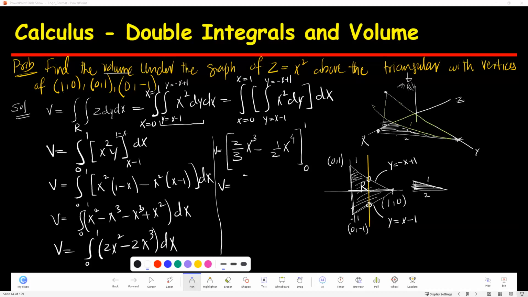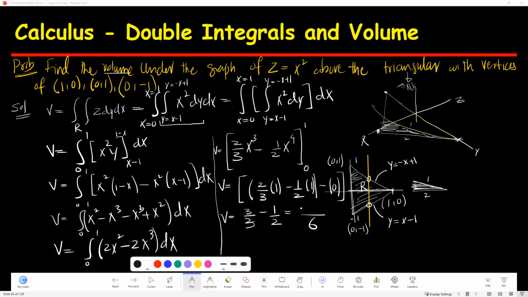Volume equals 2 over 3, 1 minus 1 over 2, 1, and minus everything becomes 0 here. And I'm going to further simplify it. It's going to be 2 over 3 minus 1 over 2. If I take a least common multiple, it's going to be 6. So 4 over 6 minus 3 over 6.